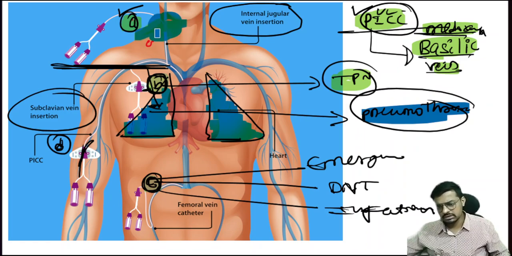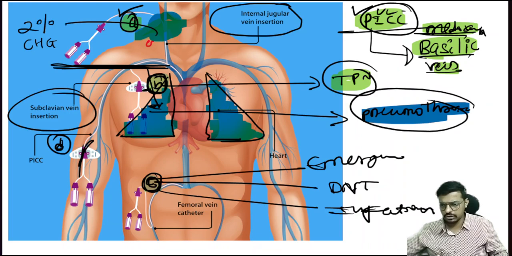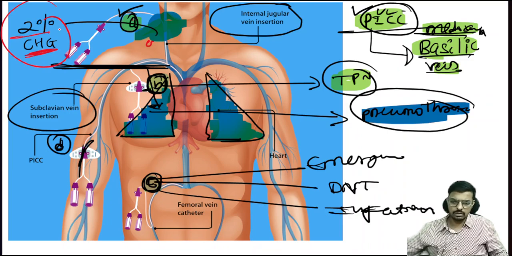Here I am inserting, so I have to clean this area with 2% chlorhexidine gluconate solution. Very important. The solution used for cleaning the site of CVP insertion is 2% chlorhexidine solution, and we have discussed the most important position also. Yes, that is the correct one and very important.